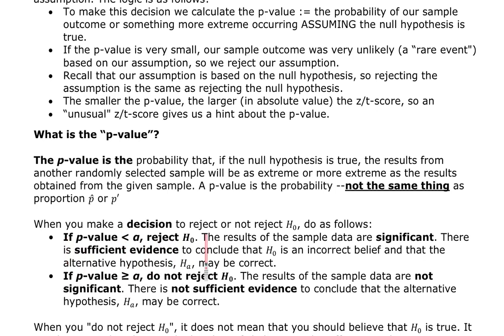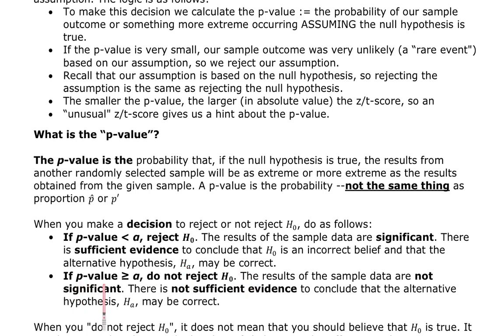When you make a decision, you're going to fail to reject or reject the H0, that's the null hypothesis. If the p-value is less than our alpha, we're going to reject the H0. The result is that the sample data are significant, and there is sufficient evidence to conclude that the H0, the status quo, is an incorrect belief, and the alternative hypothesis, which is what we are usually trying to prove, may be correct.